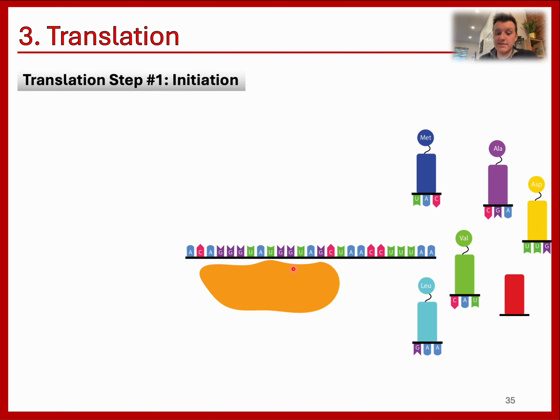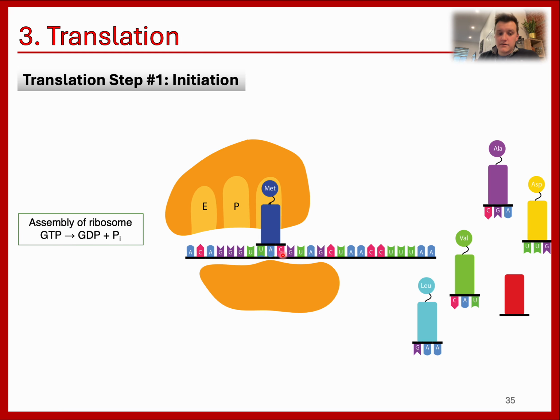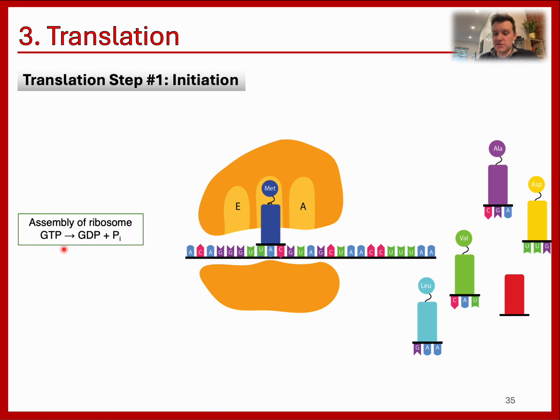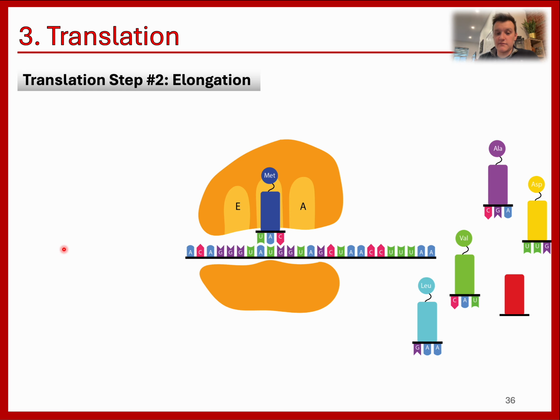Then, once it finds that sequence, remember methionine will bind on with its anticodon, UAC. And then we assemble the ribosome, right? So we're going to use GTP, this form of energy like ATP, and we'll form this unit, okay?